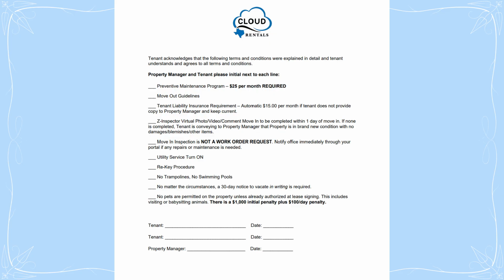The second thing is we discussed the move-out guidelines. Again, we will send a copy of these to you whenever you're ready to move out. Next is your tenant liability insurance. We want to make sure that you acknowledge that you are required to provide this to us, and if you don't, it will automatically be added at a rate of $15 per month.